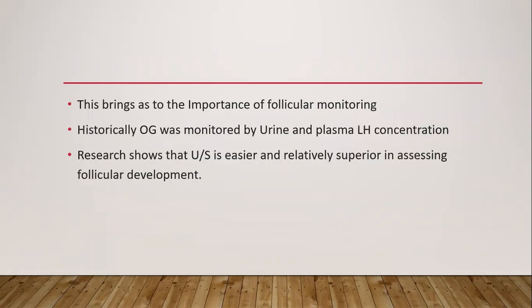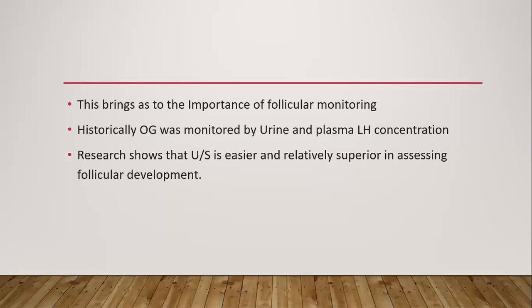Because of this, it is actually important for us to monitor the development of these follicles. And based on history, ovarian growth was monitored by the use of urine as well as plasma luteinizing hormone concentration.